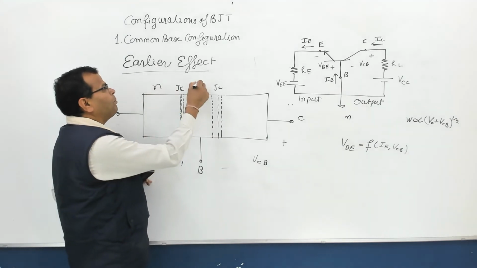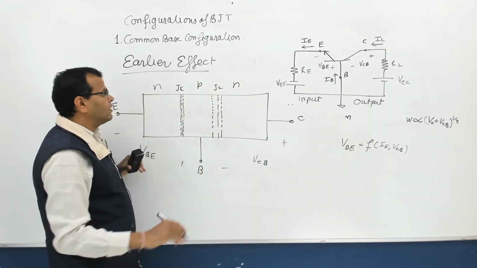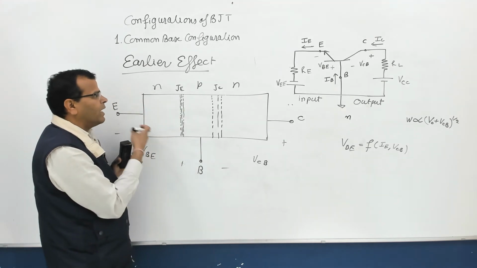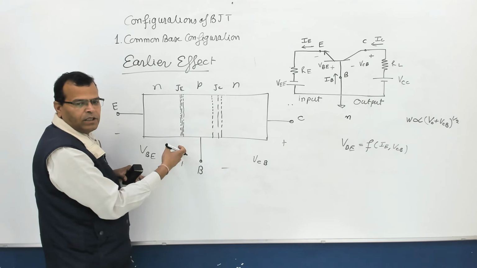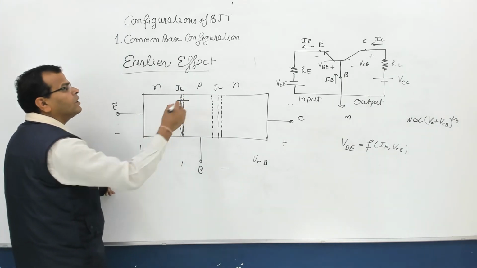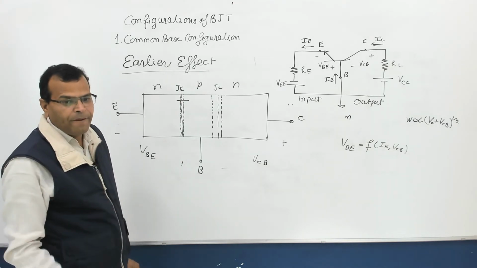This is NP, and I'm talking about NPN transistor. When it is NPN transistor, since your emitter junction is forward biased because of this voltage, electrons will be injected, and the concentration of electrons is very high.